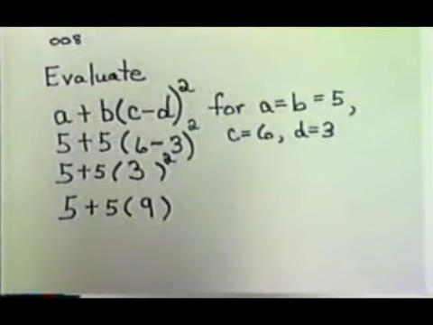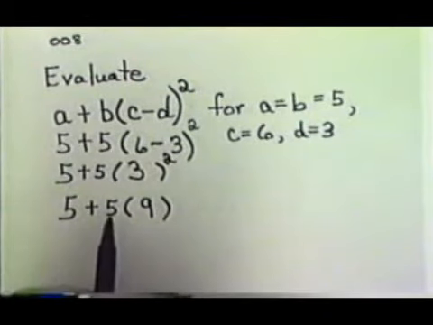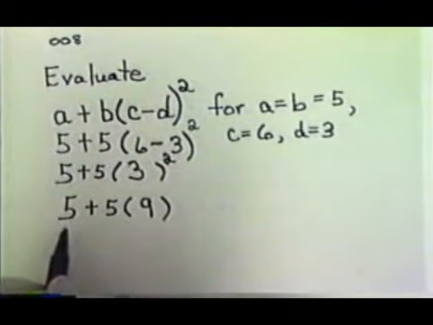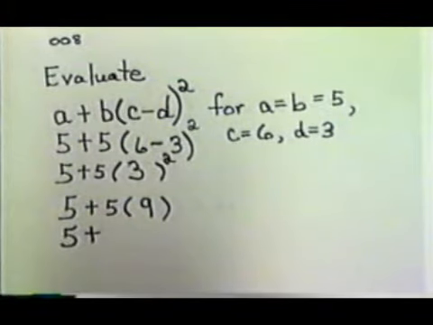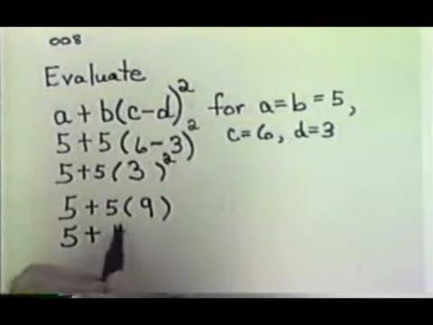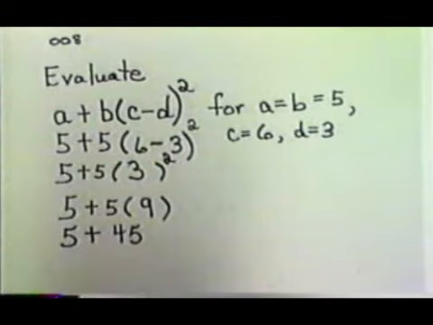Now I've done my exponent, so I'm ready to do my multiplying and dividing from left to right. Don't have any dividing, but I do have multiplying, so I need to do this multiplying next. So I write the rest of the problem down, 5 plus, and when I come to that multiplying, I want to do it. 5 times 9 gives me 45, so I fill that in.